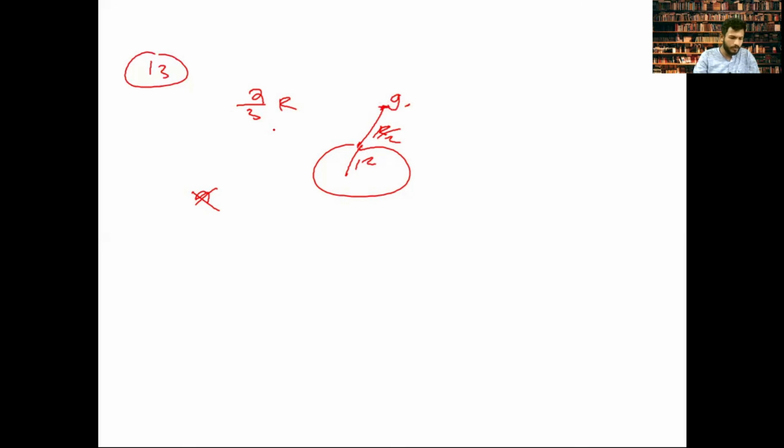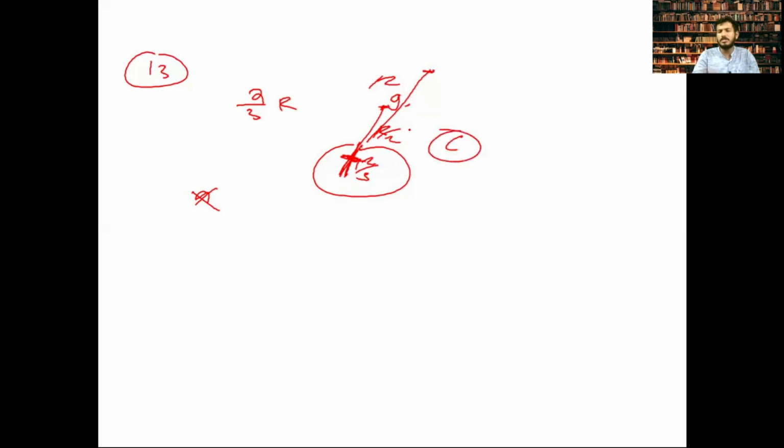Option C is at a depth 1/3 of the radius of Earth, that means at a depth r by 3, here. And the last one is at a height equal to the radius of Earth, that is this point.